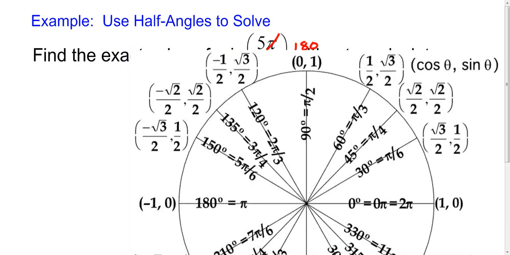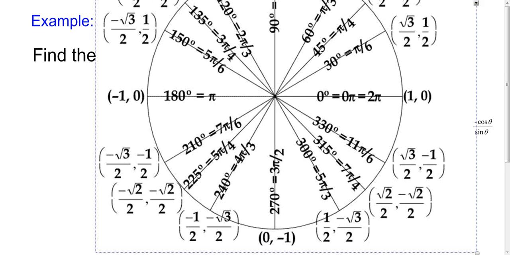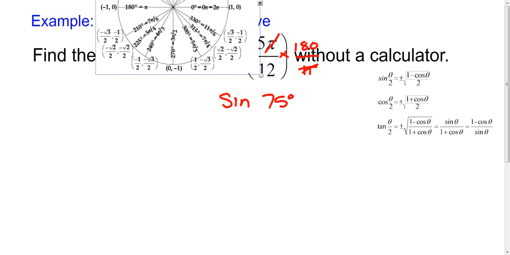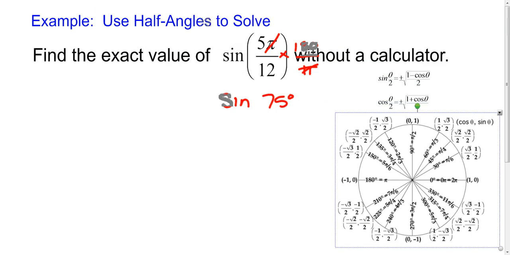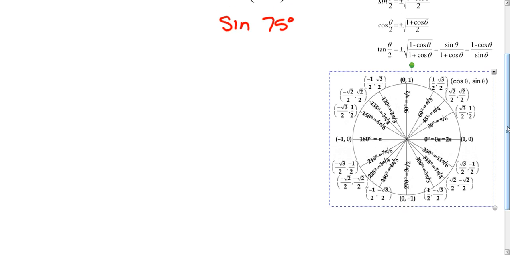A couple of days ago, we learned how to find that by finding two angles that either add or subtract to make 75 degrees. And another way you could do it is to use half angle formulas. So what you do is you kind of double this quantity and cut it in half again. If I double 75, I have 150.